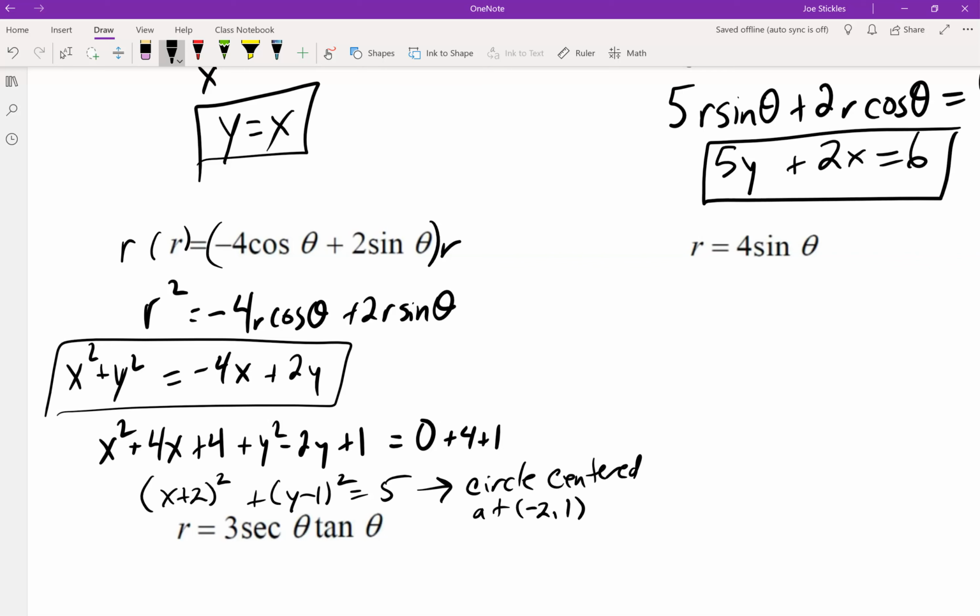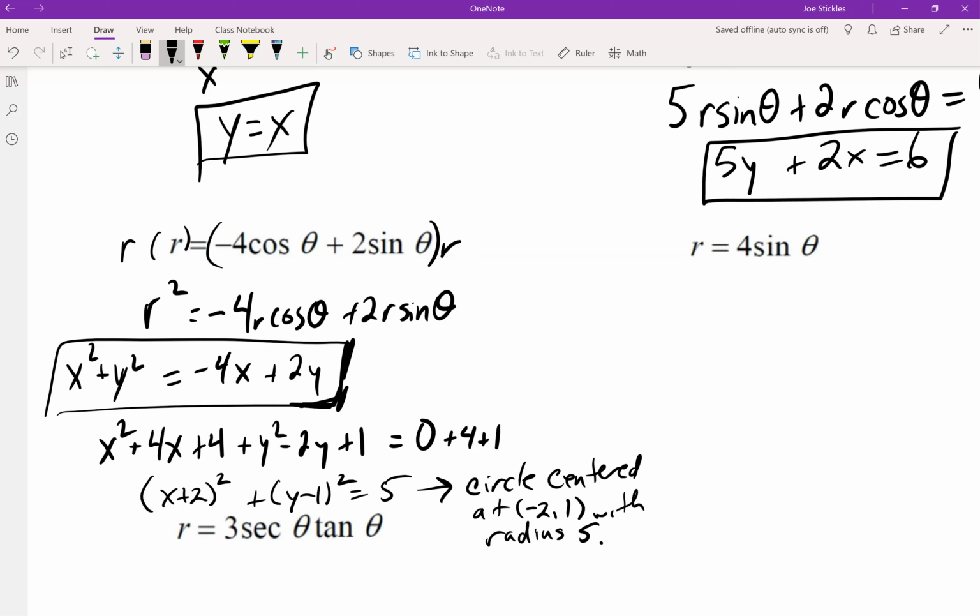Remember, it's always the opposite signs that are inside here, with radius 5. Now again, once you get to here, the part that I've boxed, you can stop. You do not need to do this last part that I just did, all right? When you get to this boxed step, you're fine, okay? I just wanted to show you that we really do have a circle and what that circle would actually look like.